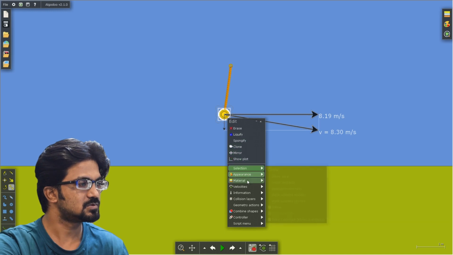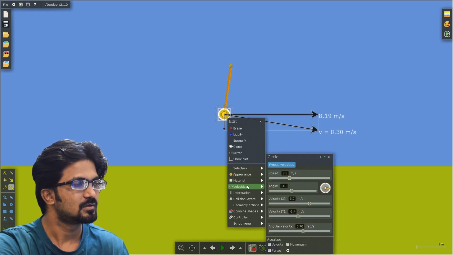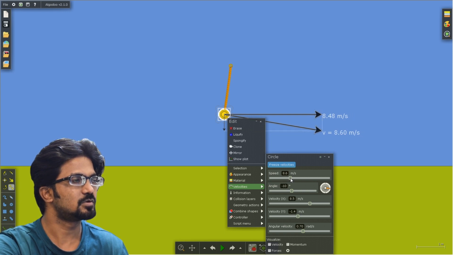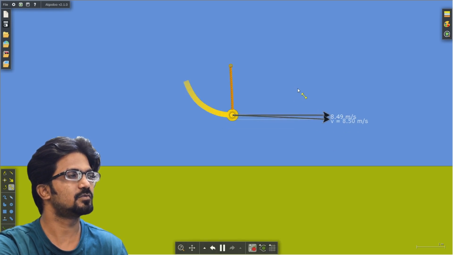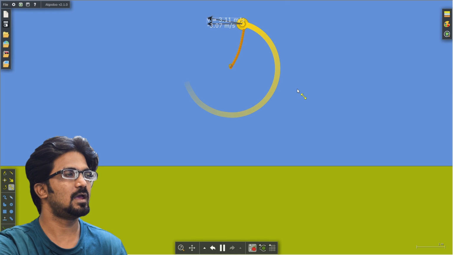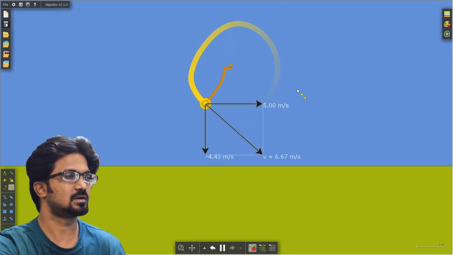Now let's increase to 8.5, a little bit more than 8.5, 8.6. Okay, so yeah, we kind of reached the highest point and are almost able to trace the entire circle.